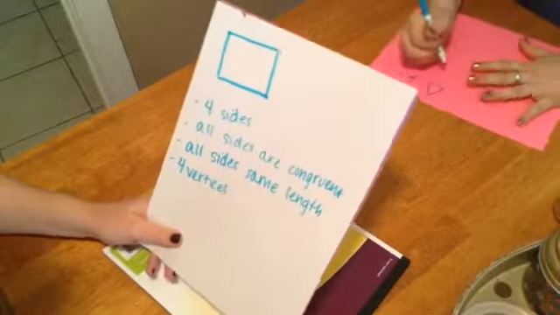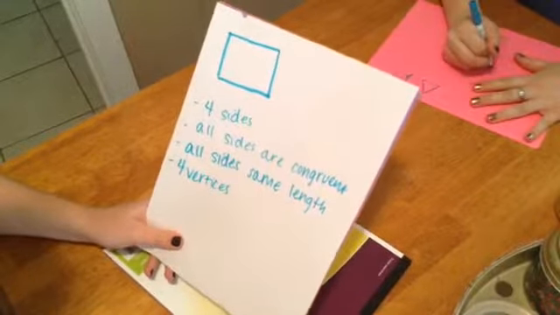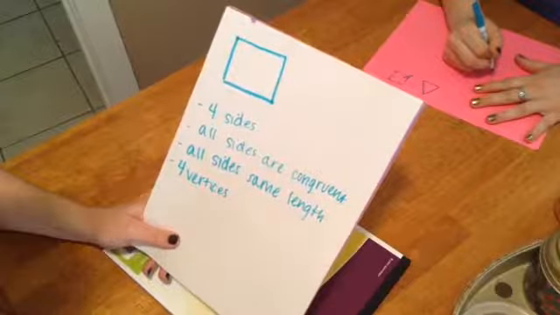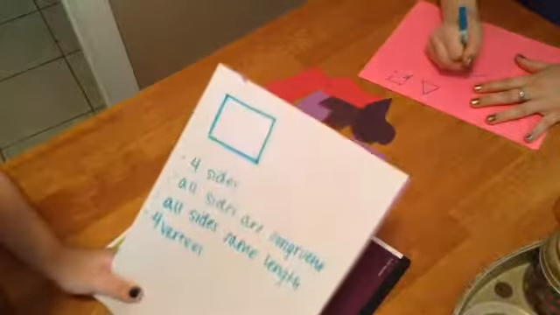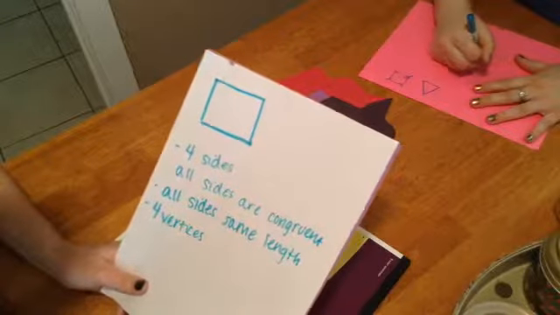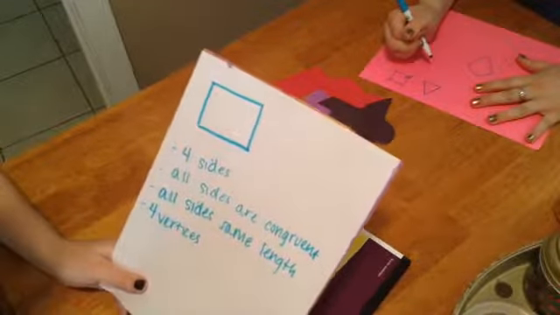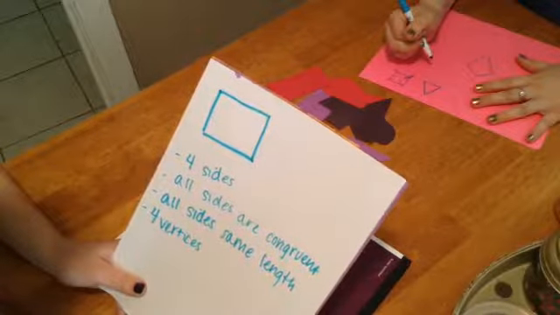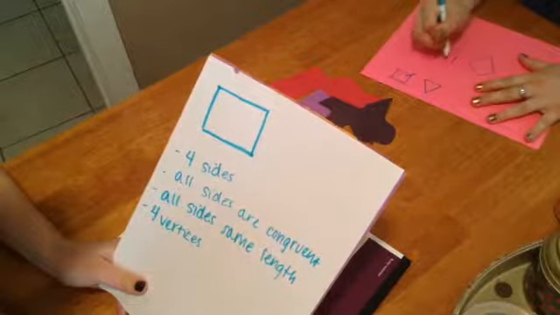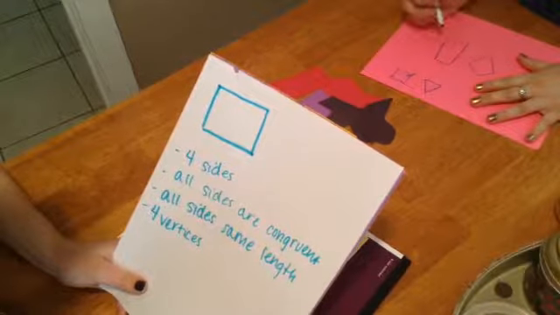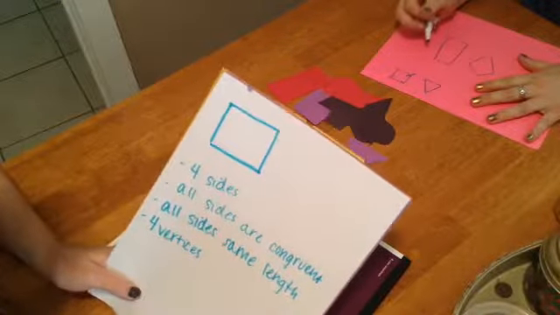Okay, now my second one has 4 sides. It also has 4 vertices. Another hint is that all sides are congruent. And all sides are the same length.